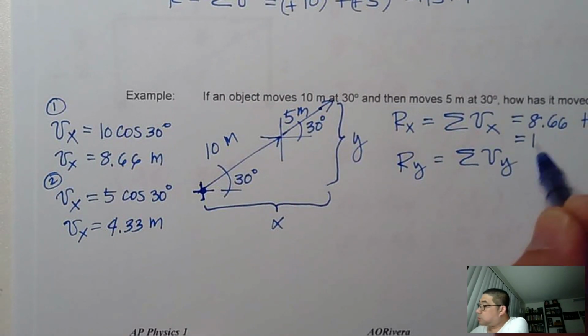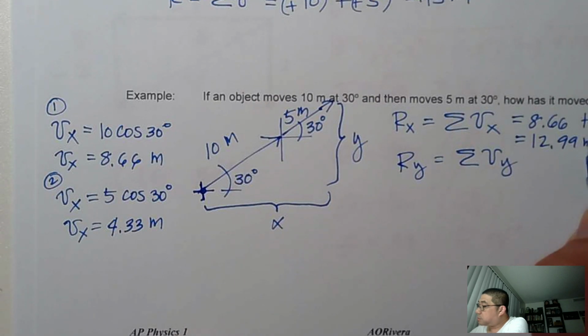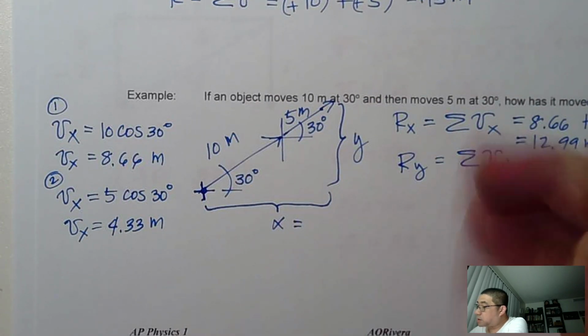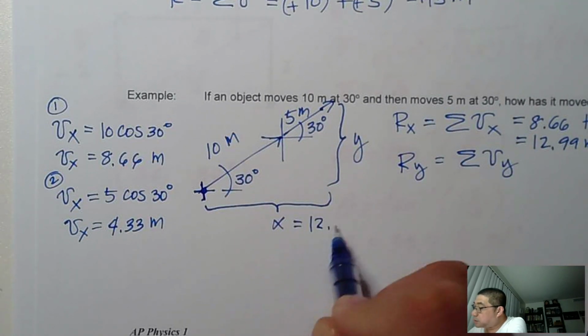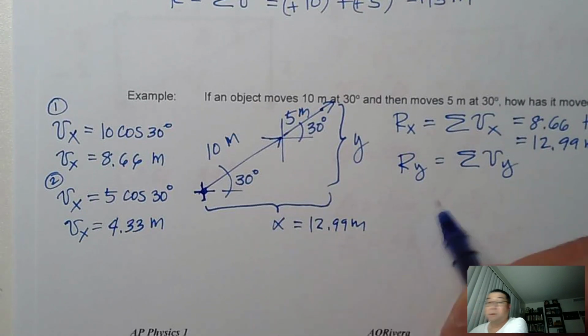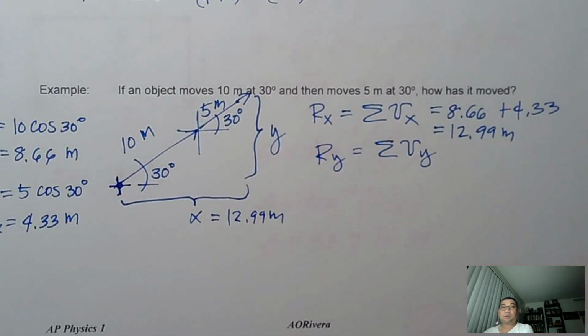That is 12.99 meters. So meaning this object moved 12.99 meters along the x-axis.